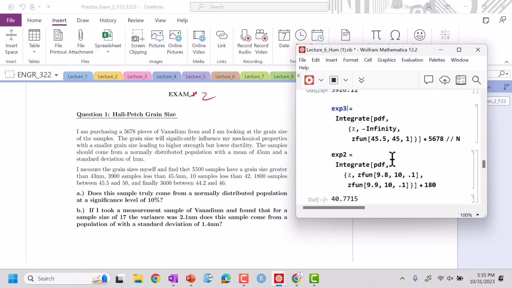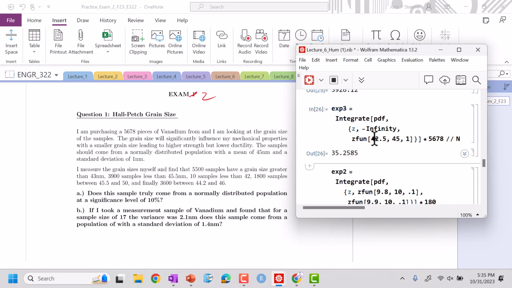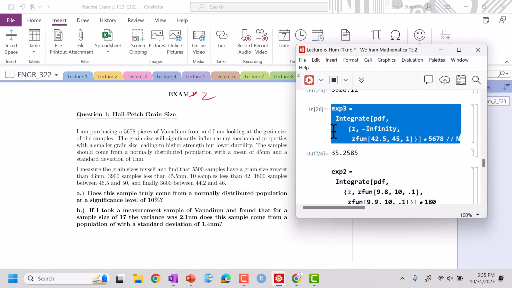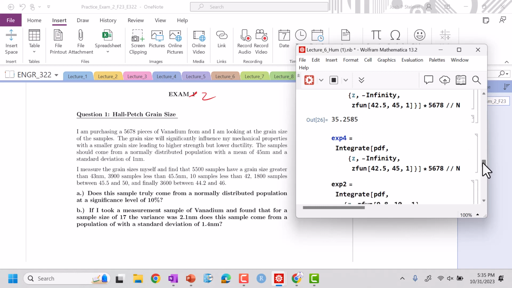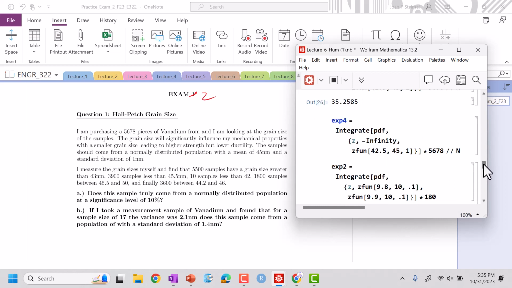Our expected 3, 10 samples less than 42. So again, minus infinity, except now this time it will be 42. And then we're going to have expected 4. PDF, let's do z function between 45.5, 45 and 1, and 50.